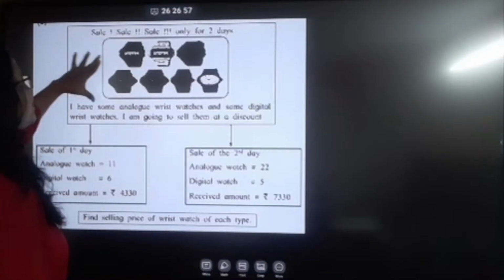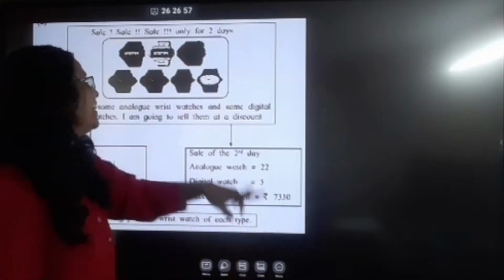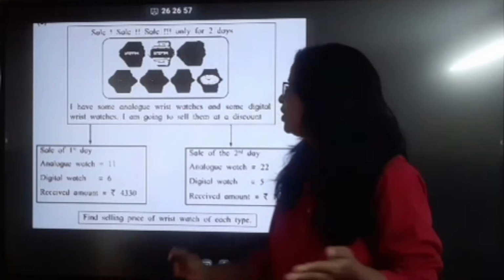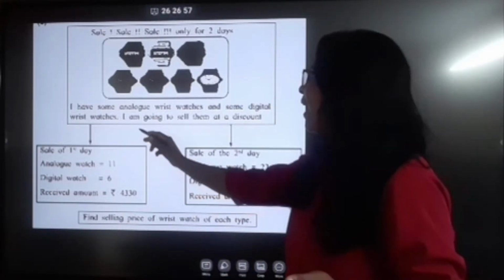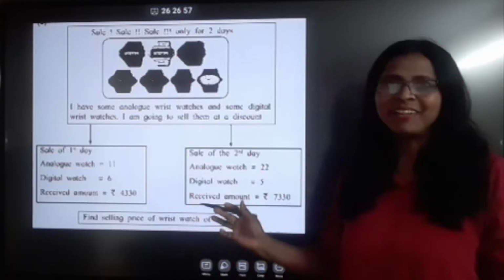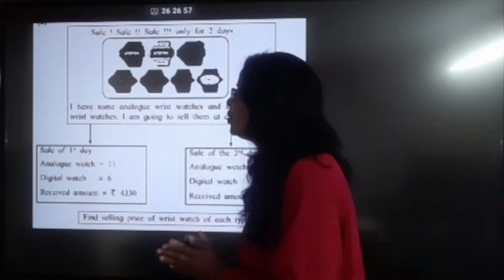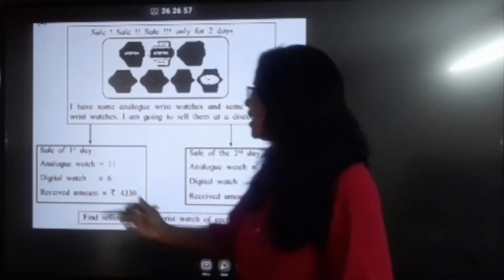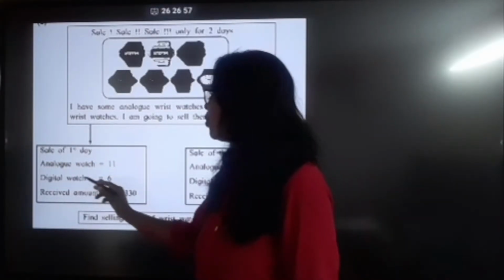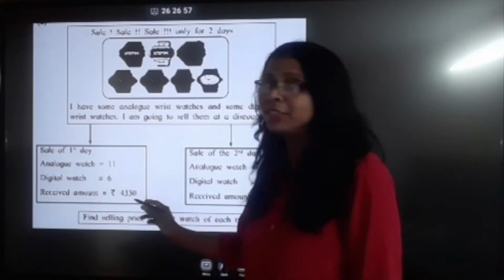Sale only for 2 days. I have some analog wristwatches and some digital wristwatches, and I'm going to sell them at a discount. This is the advertisement. On the first day, analog watches sold is 11, digital watches is 6, and the amount received is rupees 4,330.